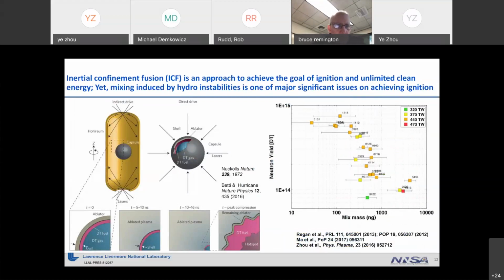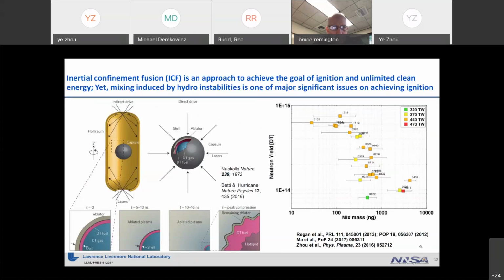Okay, so let's talk about the Rayleigh-Taylor and Richtmyer-Meshkov instability. As I already talked about the scramjet, that's one of the examples where the instability is highly desirable because it can improve the performance of the engine.